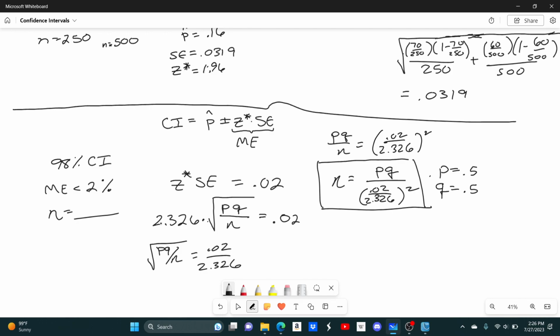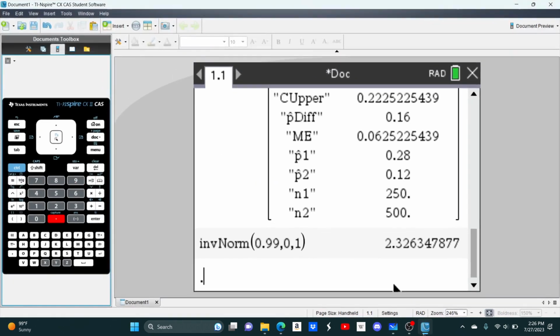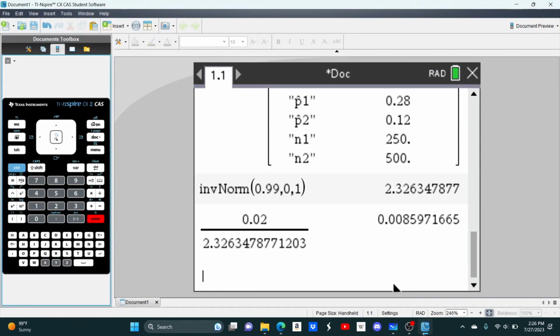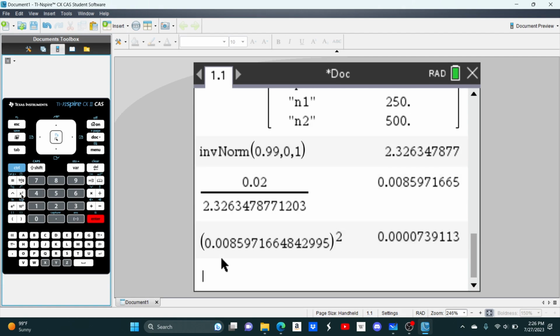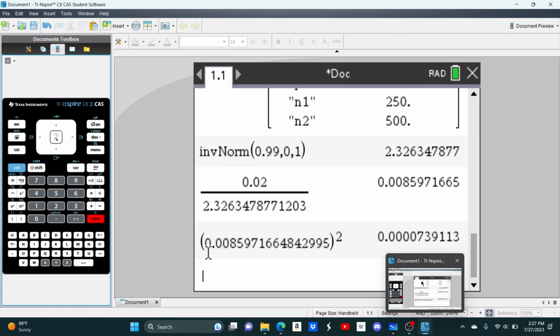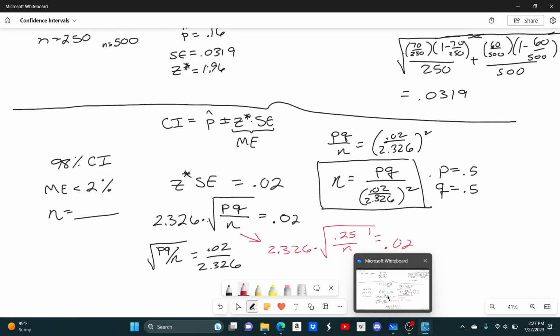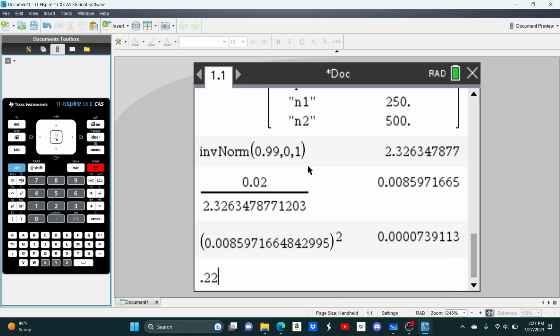Okay? So let's go back here. It would be 2.326 times the square root of 0.5 times 0.5, which is 0.25, divided by N, equals 0.02. So if we went ahead and solved this, 0.02 divided by 2.326, then you square it, and then it should be 0.25 divided by that, from the equation that we figured out before.